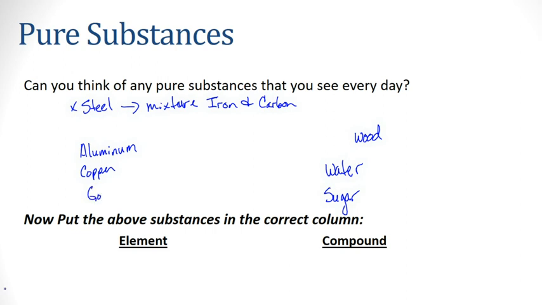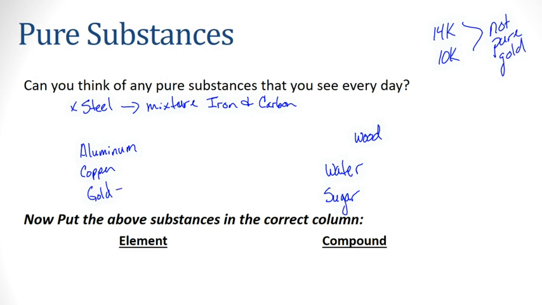Okay, gold. Now, let's talk about jewelry gold, though. If you have a gold ring, is it pure gold? No, most rings are 14 karat or even 10 karat, which means it's a mixture. It's not pure.